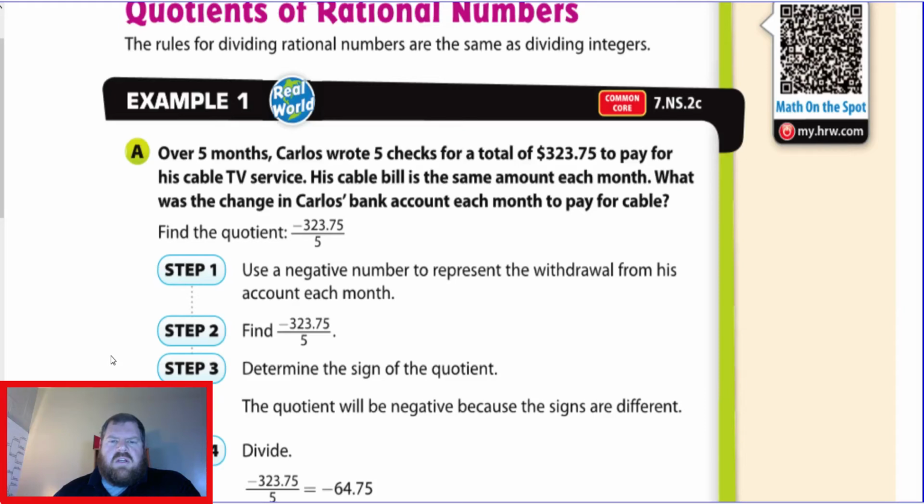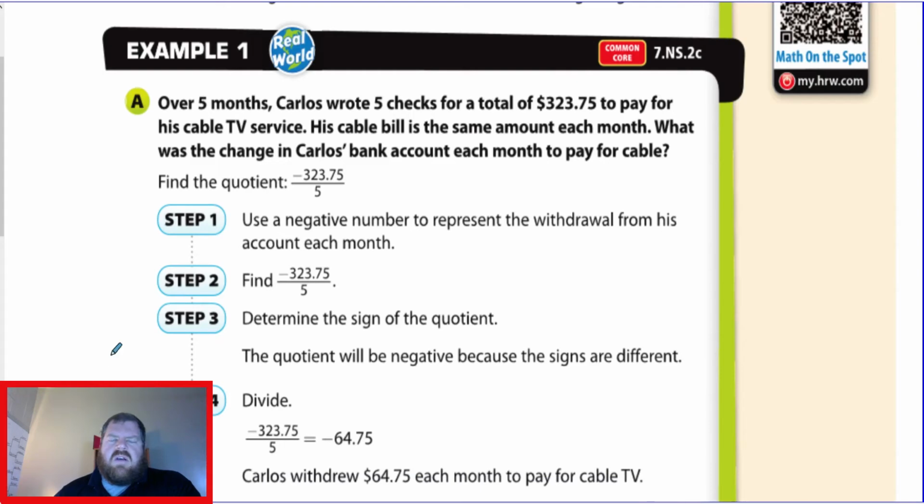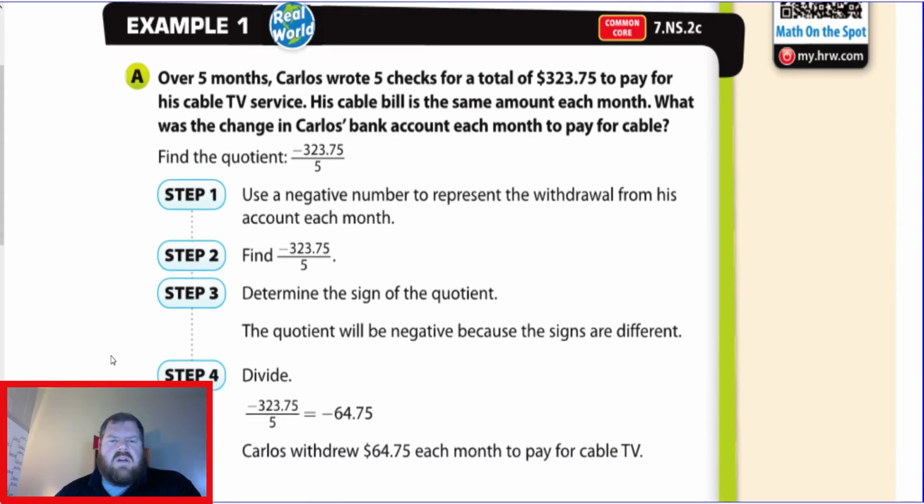We're actually going to look at some a little more complex division that we'll see. But still, we do have a heavy focus on the signs. It says over 5 months, Carlos wrote 5 checks for a total of $323.75 to pay for his cable TV service.